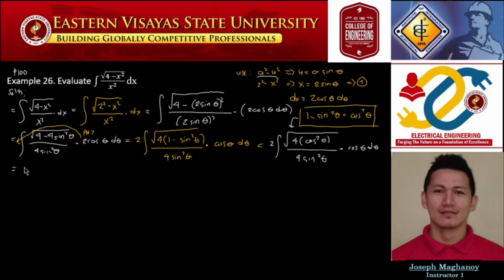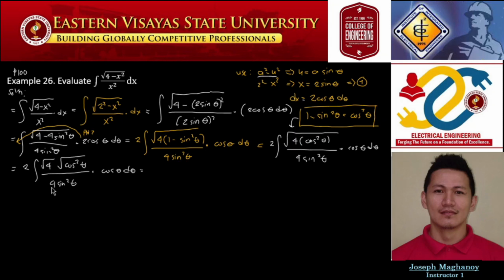So that is square root of 2, square root of 4, square root of cosine squared theta all over 4 sine squared theta, cosine theta d theta.